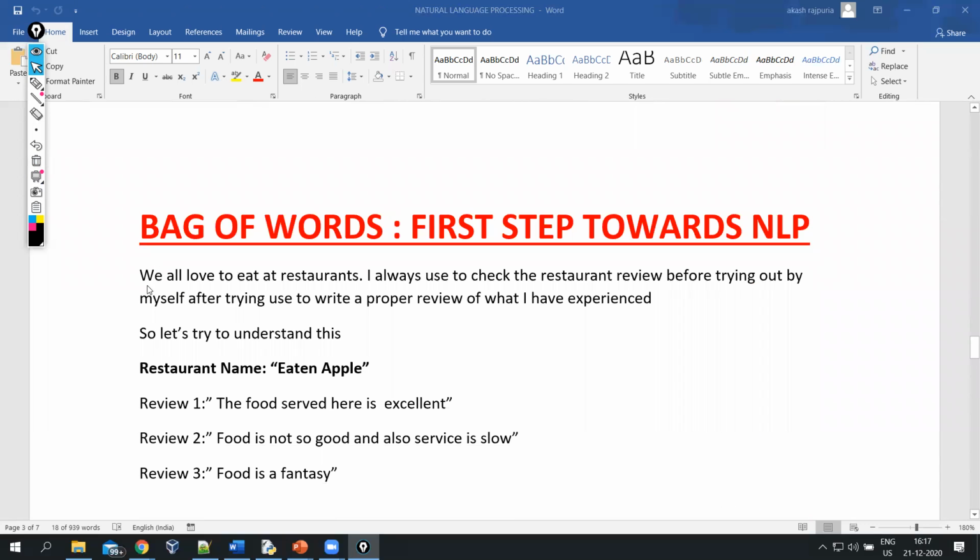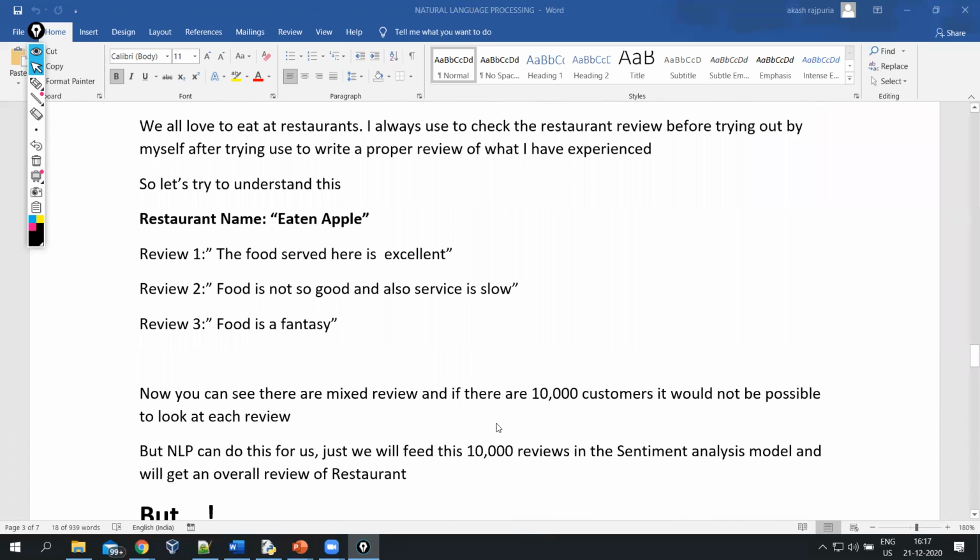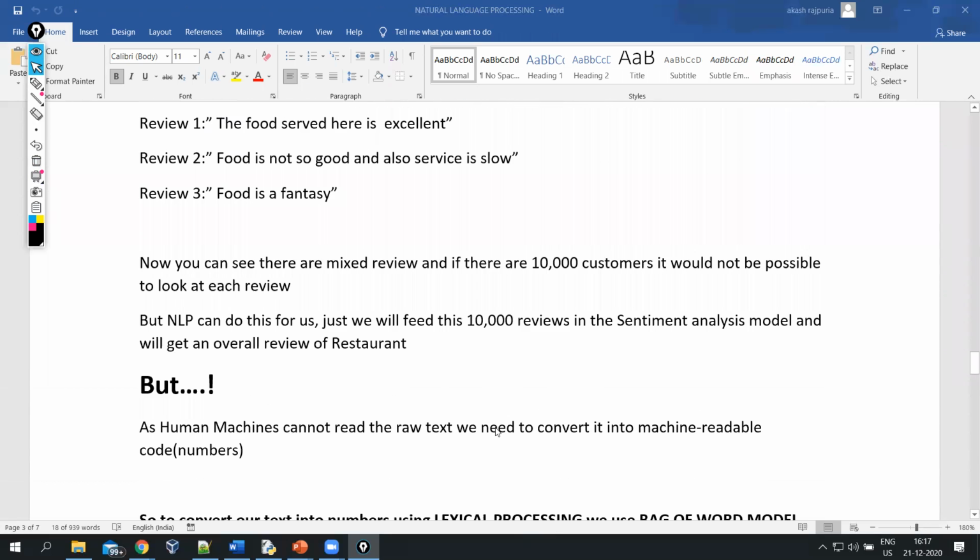Okay, now coming to our model, like I said, this is our problem statement. We all love to eat at restaurants. I always check the restaurant reviews before trying one myself. So you can get reviews one, two, or three like this. But if there are 10,000 or more customers, it would not be possible to look at each review. So for that we are going to use the bag of words model.